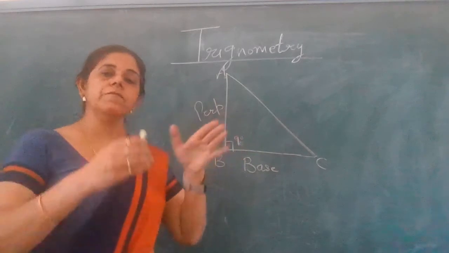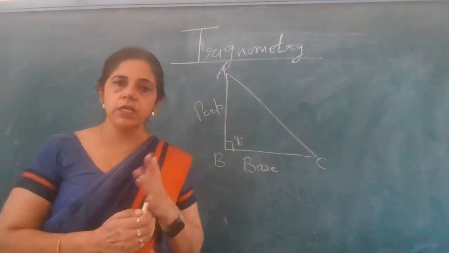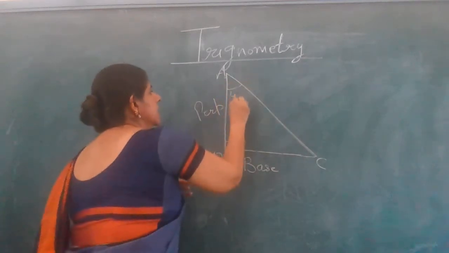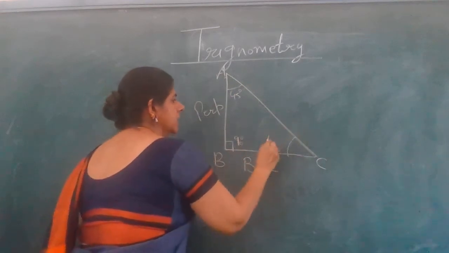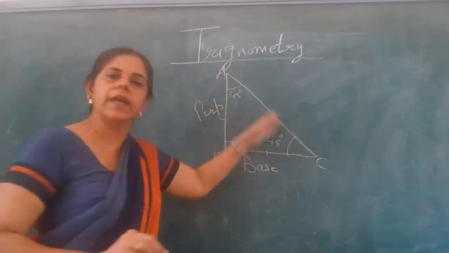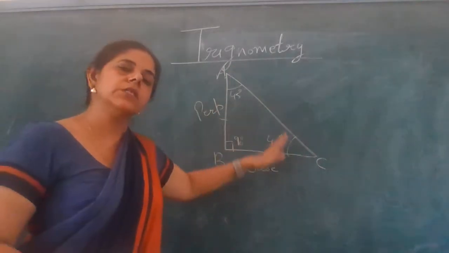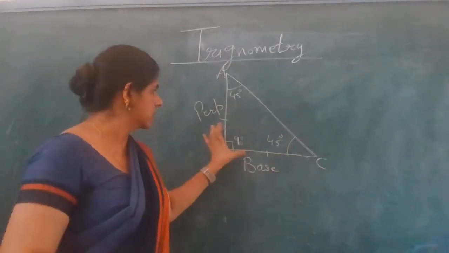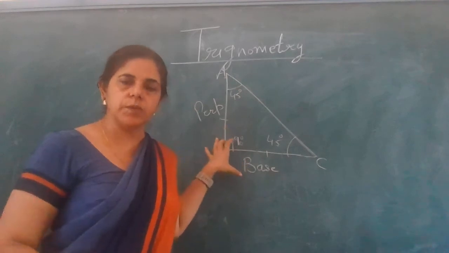Now see, in this what we see? If it is an isosceles triangle, this angle is 45 degrees and this angle is 45 degrees, means both these sides are equal. So angles are also equal. So this is our isosceles, and again this angle is the largest one.